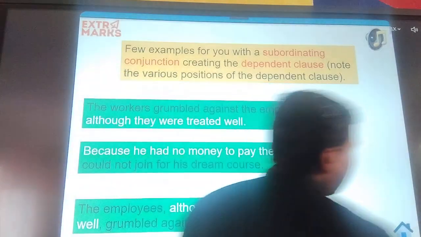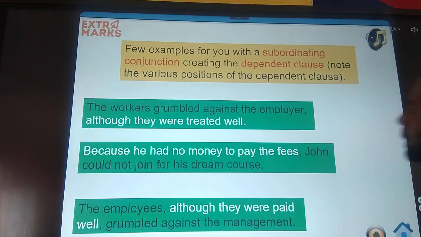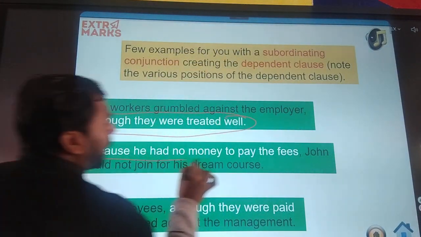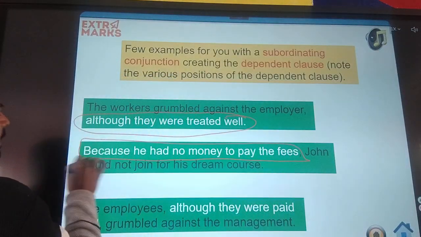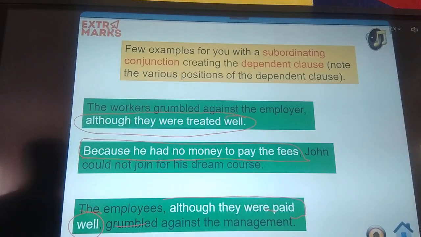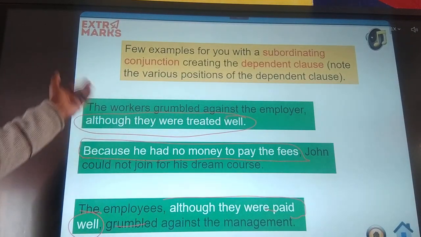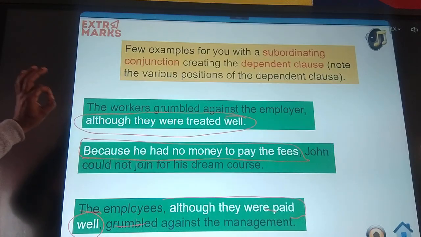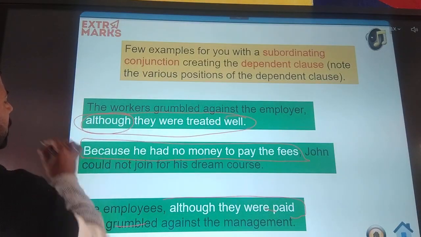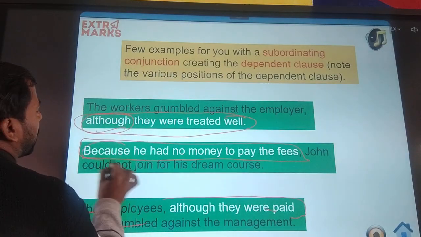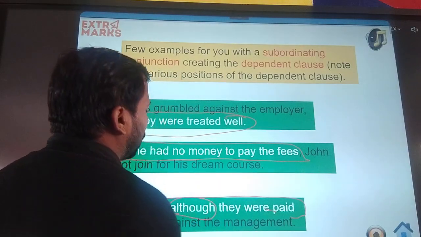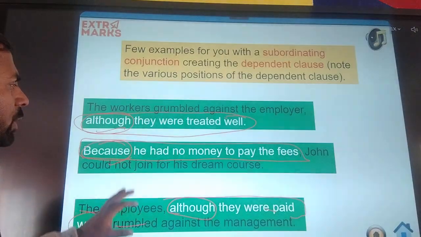So in this sentence, you can easily see that this part is the dependent clause. All the white highlighted parts are dependent clauses, and you can easily see that although is a conjunction word, and here also the conjunction word although is used.